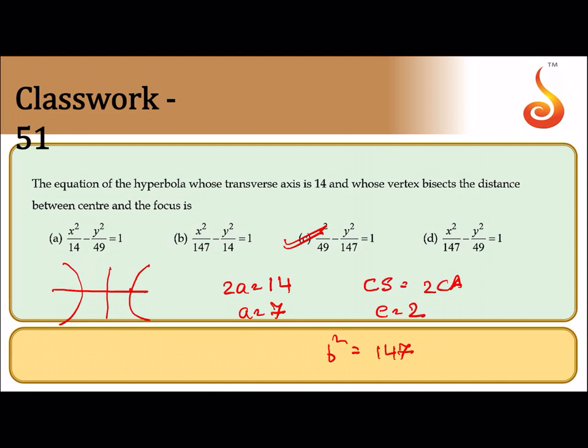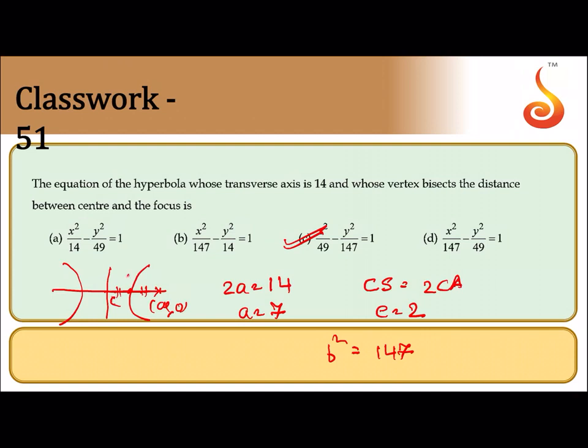See, this is the hyperbola, and this is the vertex. The vertex bisects the distance between the center and foci. This is the center and this is the foci, S, comma 0. This length is equal to this length.